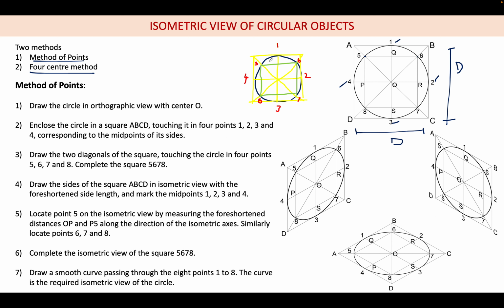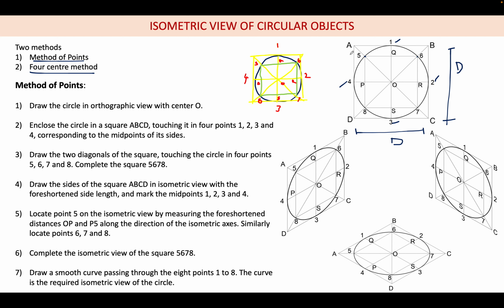which are on the circle, and these 8 points I am going to draw in the isometric view, and I am going to draw a smooth curve that connects these 8 points. So if this is the center O, and this is P, this is Q, this is R, this is S, you can refer to this diagram for clarity. So how am I marking the points?